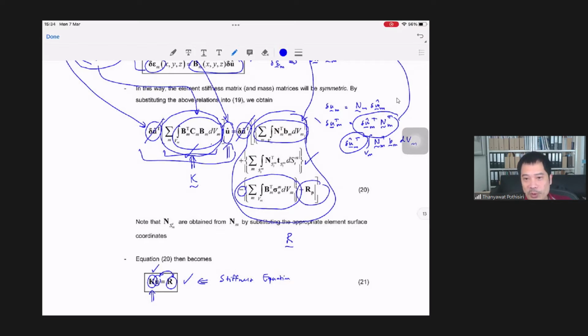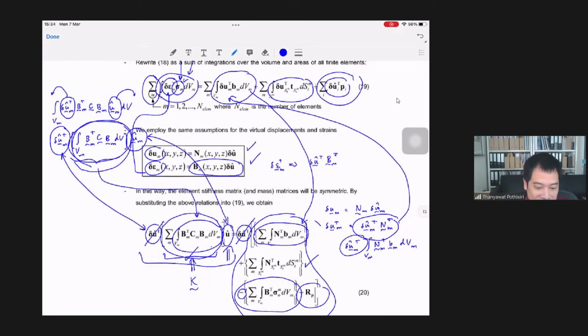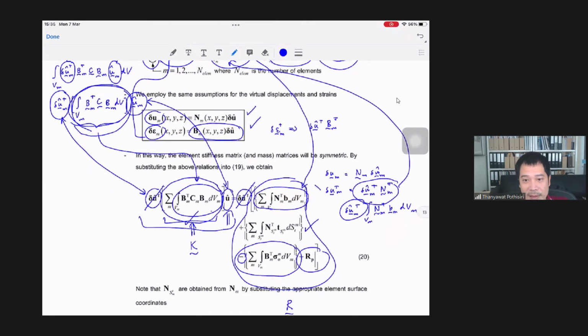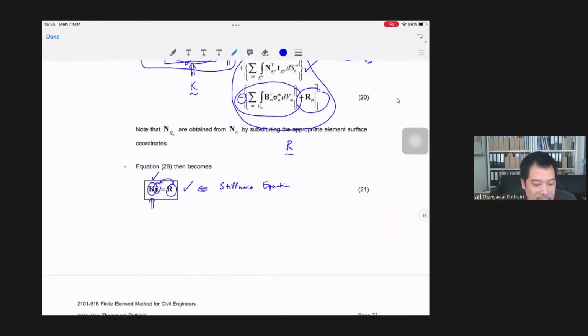But for nodal force, you can write that without any problem, because the nodal force is readily available in nodal quantities.